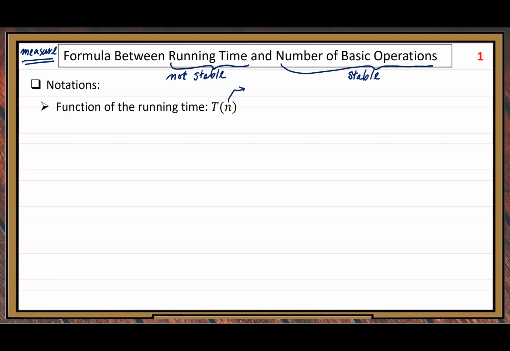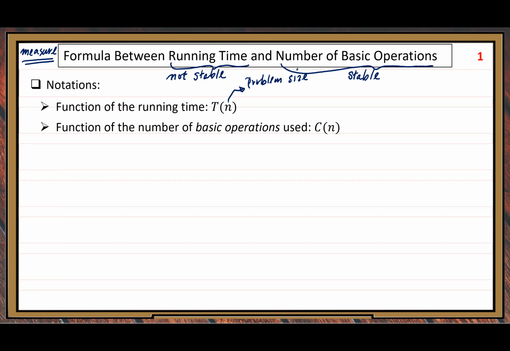T, time function. For the second one, function of the number of basic operations used, C of n. C because we do counting. We count the number of basic operations.